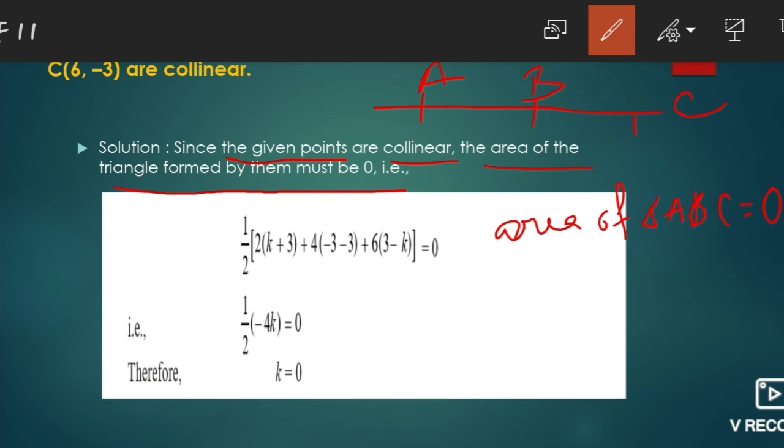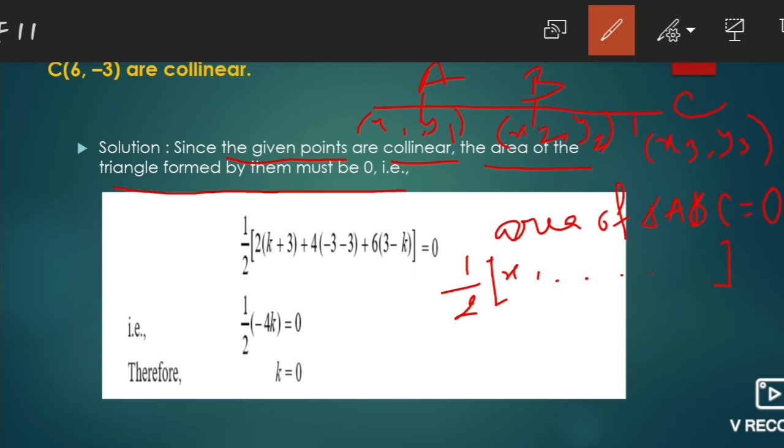Now put in the formula of area of triangle, half of x1 into (y2 minus y3), this whole formula. Consider A as x1 y1, B as x2 y2, C as x3 y3.